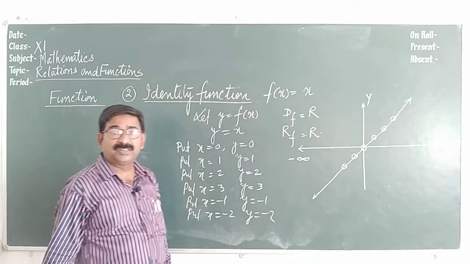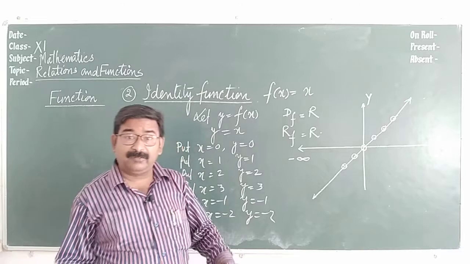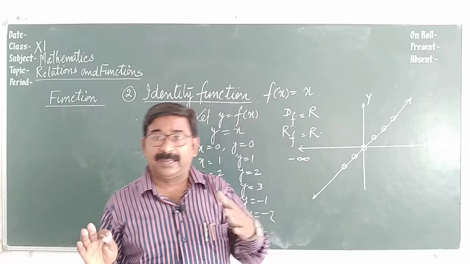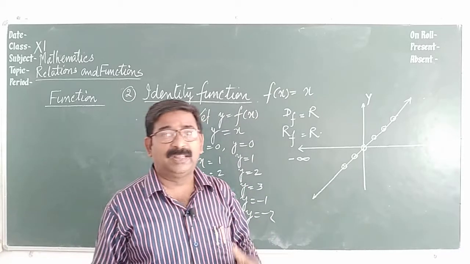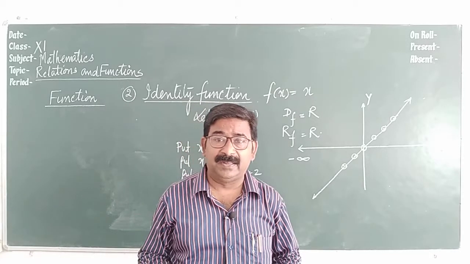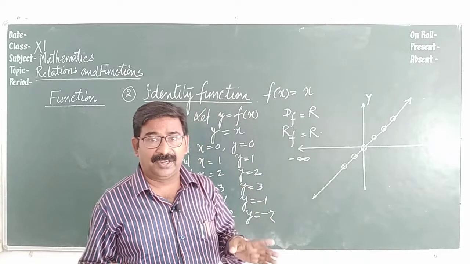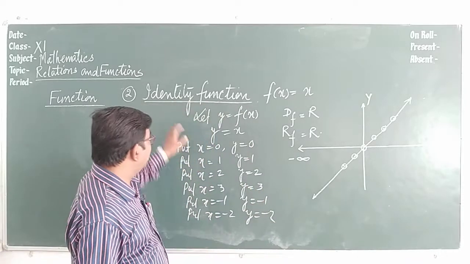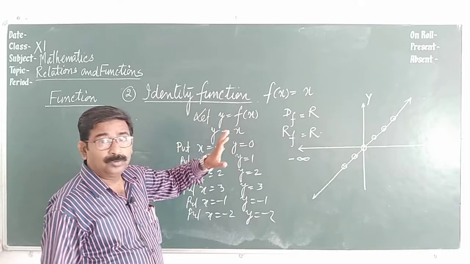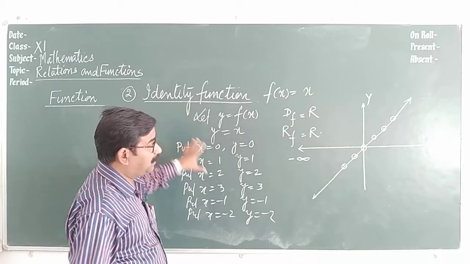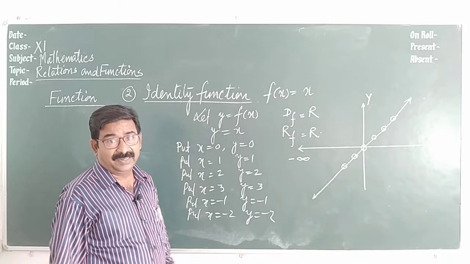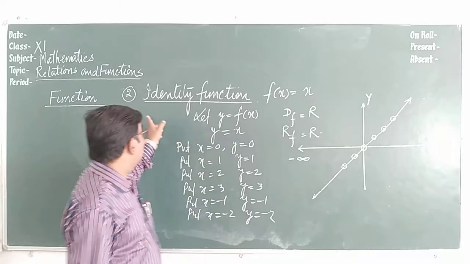So whenever you have any kind of identity function, you should know that its domain and range is always all real, minus infinity to plus infinity. So this is how we know how the graphs are plotted and how we know their domain and range. So this is about the identity function.